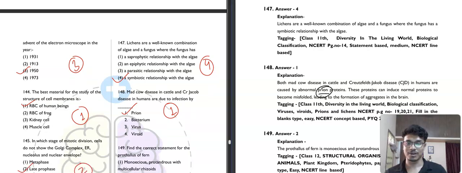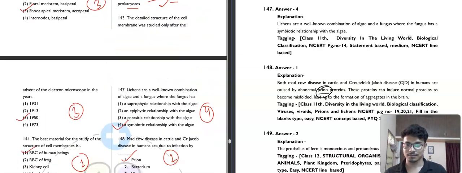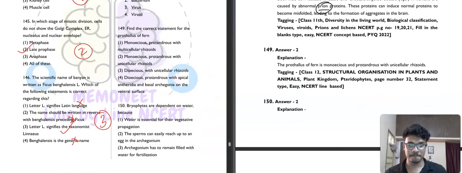Then question number 149. Find the correct statement for the prothallus of fern. Monoecious protandrous with multicellular rhizoids, monoecious protandrous with unicellular rhizoids.